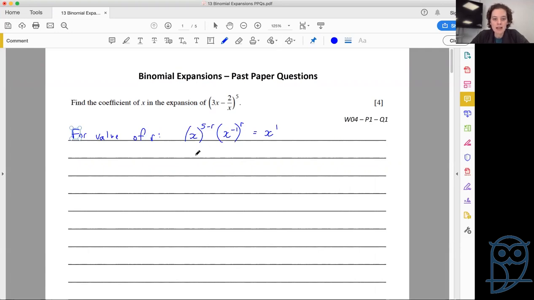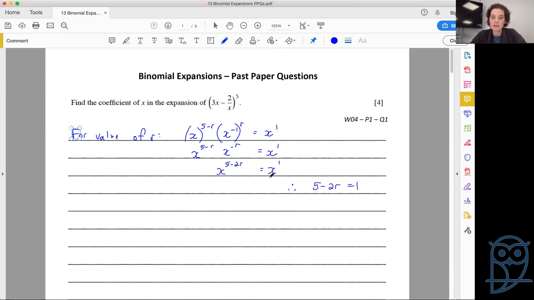So if we simplify a little bit, we have x to the 5 minus r and x to the minus r equals x to the 1. Laws of exponents: x to the 5 minus 2r equals x to the 1. And now you can see why we did all that work with exponents at the beginning of the course. Because here we can say, therefore, 5 minus 2r equals 1.